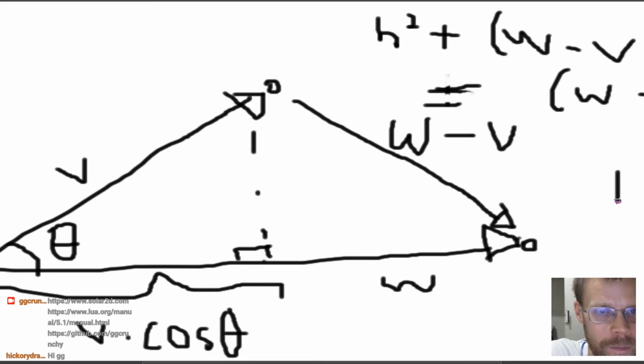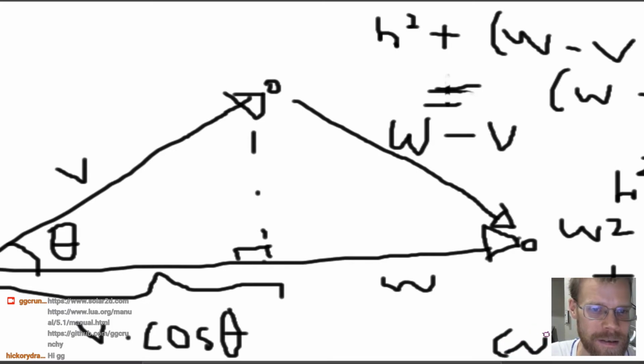So that'll be H squared plus W squared minus 2WV cos theta plus V squared cos squared theta equals W squared minus 2VW plus V squared.